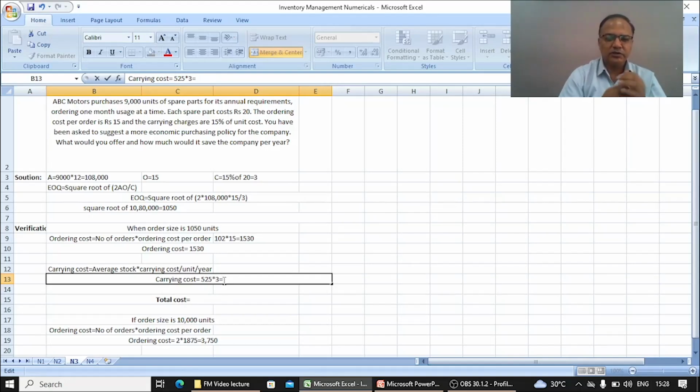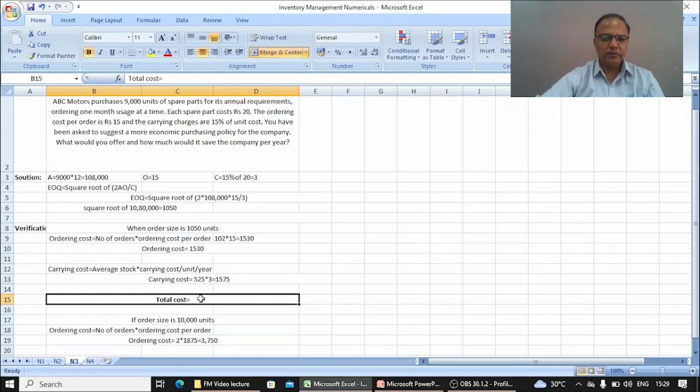So this is 1575. So total cost will be 3105.